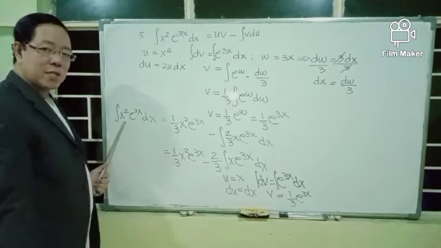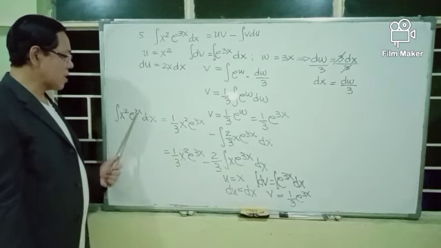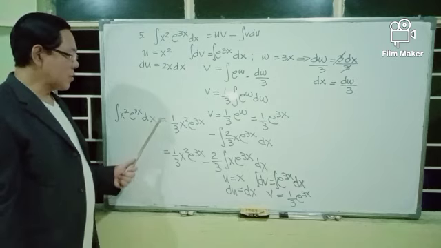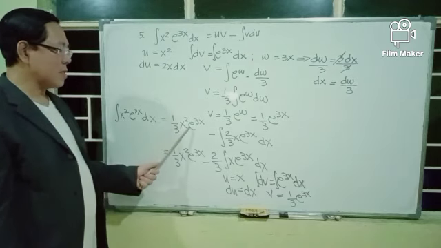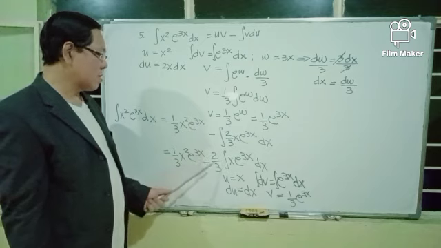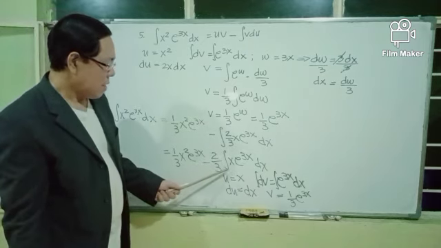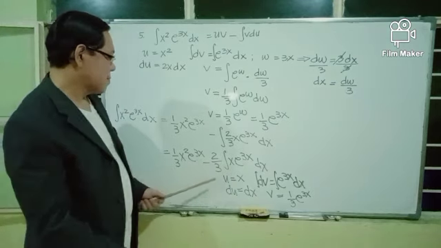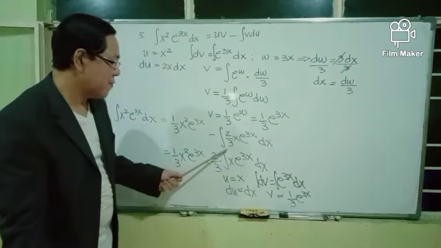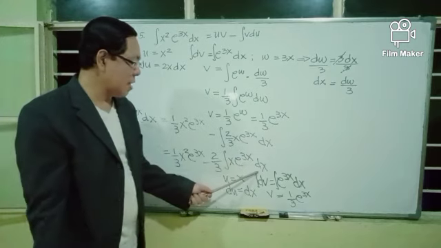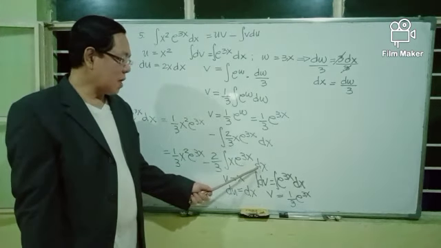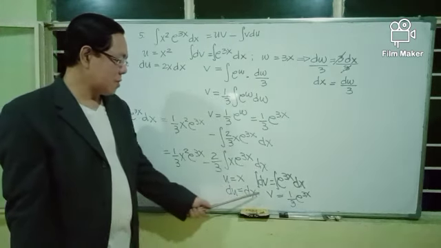So now the integral of x squared e to the 3x dx is equal to 1/3 x squared e to the 3x minus 2/3 times the integral of x e to the 3x dx, which we will get by integration by parts.